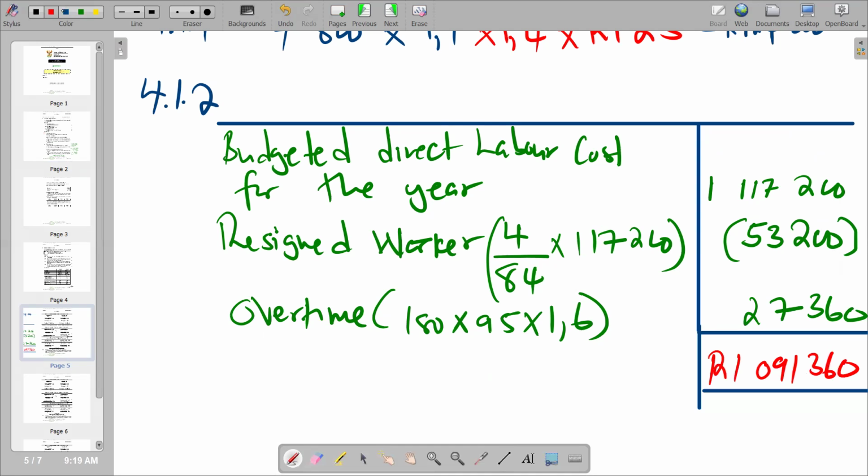So this is the calculation that we had for direct labor costs. So this is what we have for this part of the question.